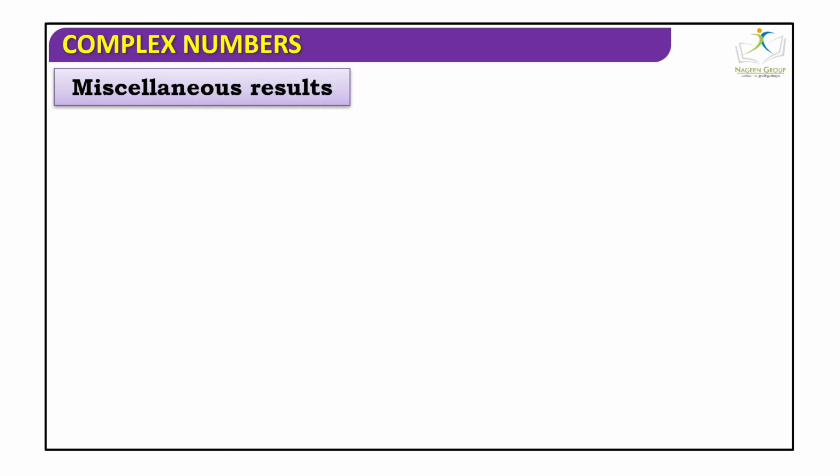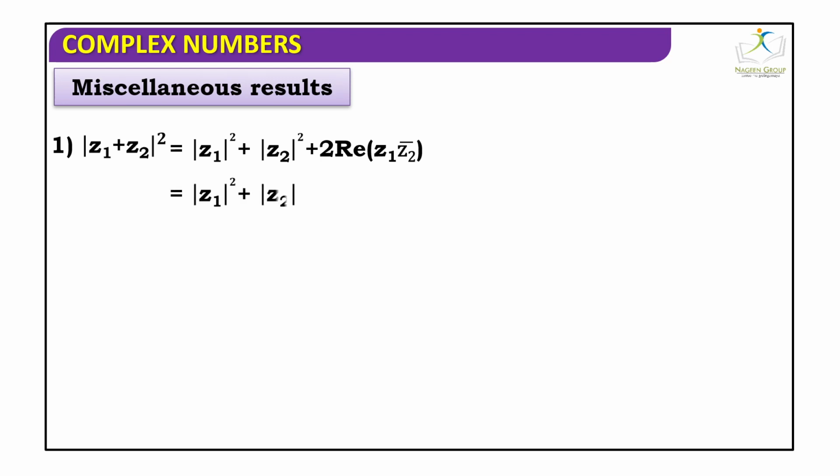So students, from here we derived the multiplication and division. Now a miscellaneous result: modulus of z1 plus z2 whole square is z1 square plus z2 square plus twice modulus z1 modulus z2 cos of (theta 1 minus theta 2).